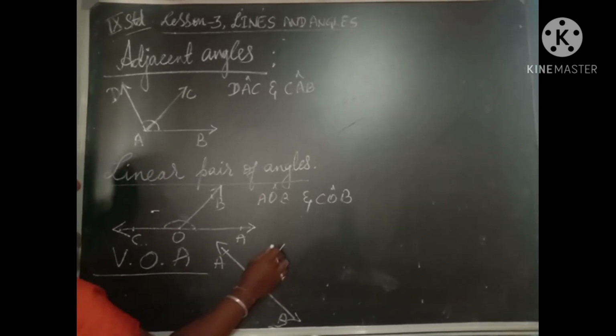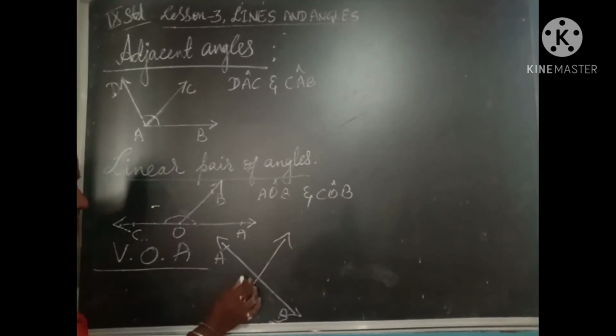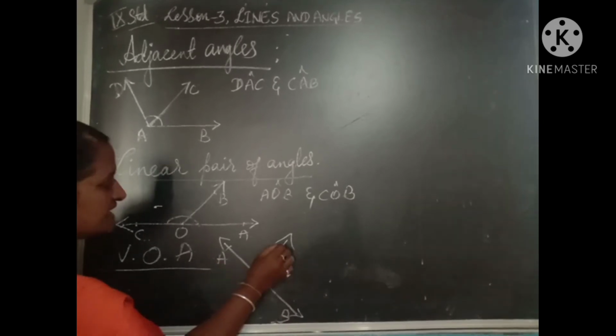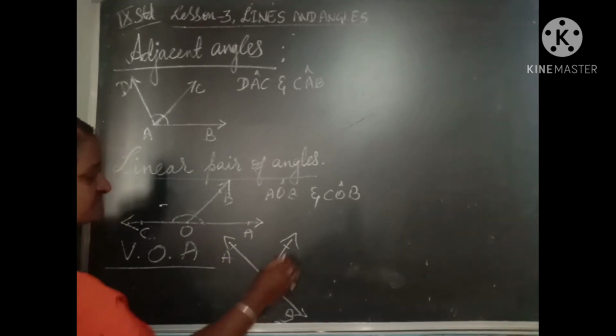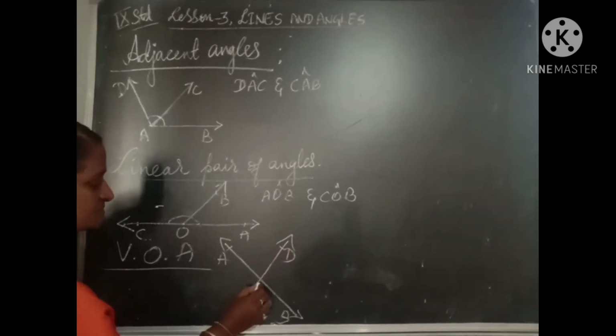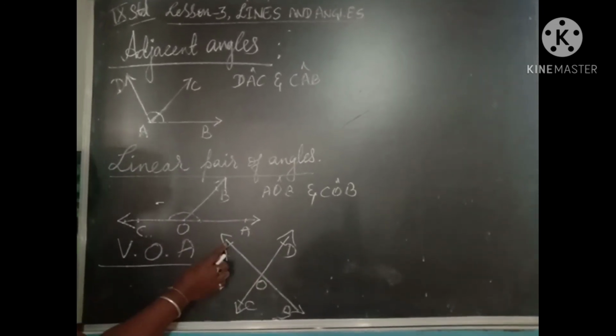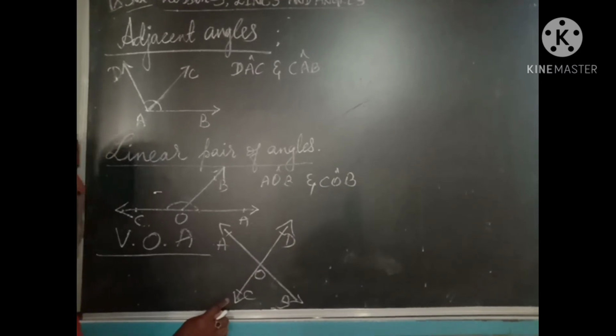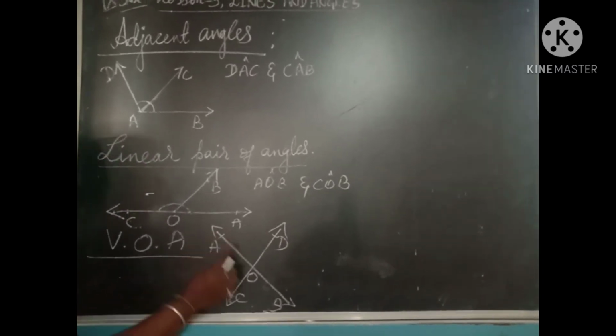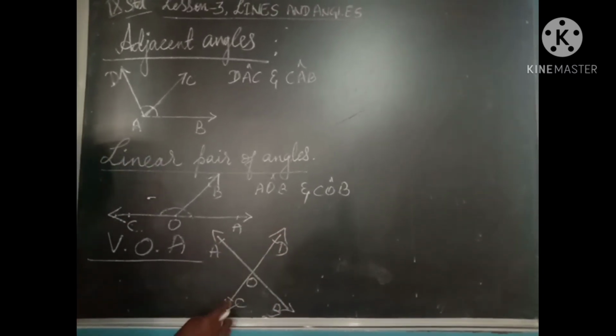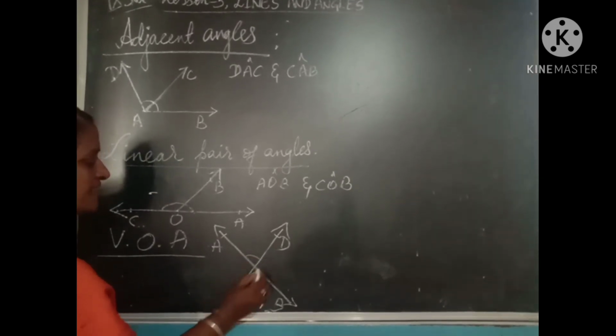The two lines are intersecting here, C, D, and these two lines are intersecting at point O. When two lines are intersecting, those intersecting lines form vertically opposite angles.